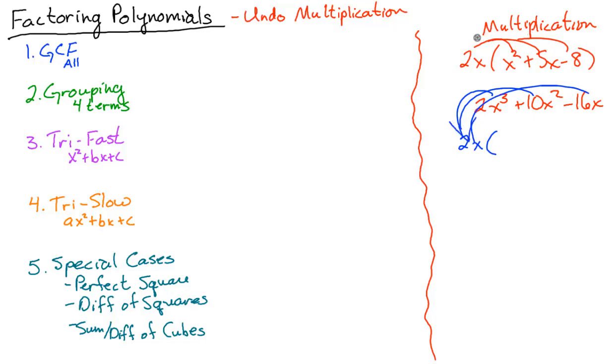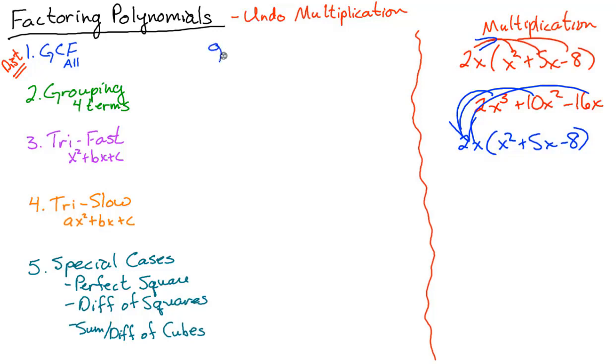So instead of jumping it in that direction, we're going to pull it out this direction and now have an x squared plus a 5x minus an 8. Here it was multiplication and there you did backwards. Exactly. So the thing that this goes backwards on is the distributive property. That's exactly what it undoes. So let's do a couple more.